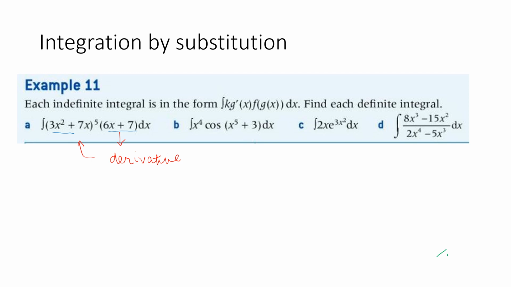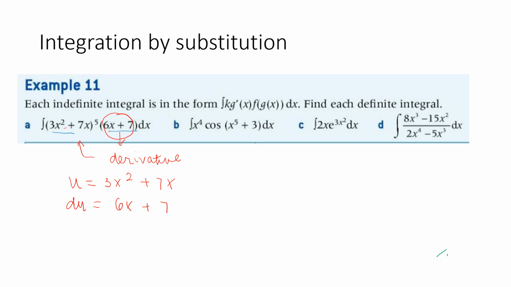So what we can do is to represent the function where the derivative is taken from as u, or the one with a higher degree. So u is 3x squared plus 7x.